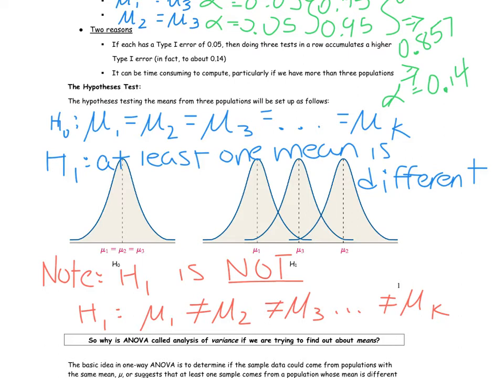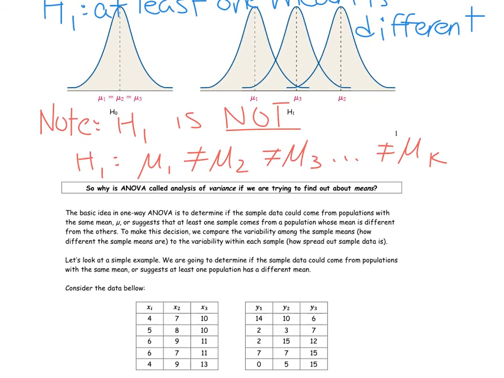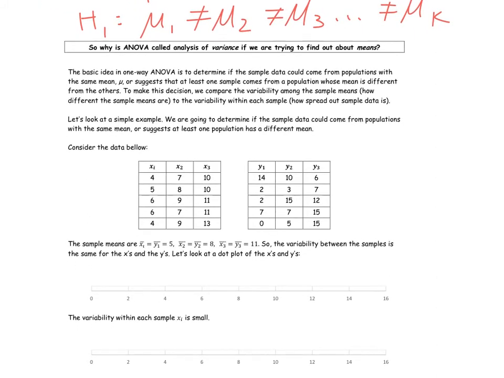Now that we know how we're going to set up our ANOVA hypothesis test, let's talk about why we talk about the variance when we're trying to find out about the means. The basic idea in a one-way ANOVA is to determine if the sample data could come from populations with the same mean, or suggest that at least one sample comes from a population whose mean is different from the others.